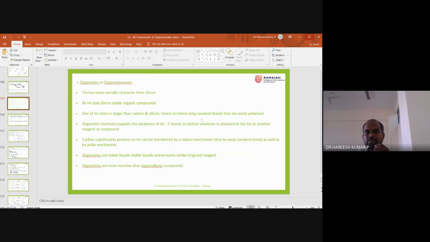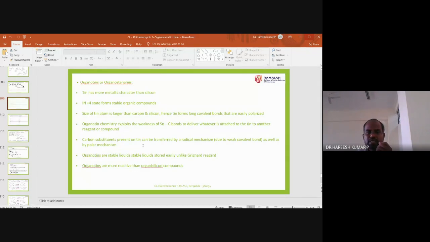Hence, it forms long covalent bonds that are easily polarized. Organotin chemistry exploits the weakness of the stannous carbon bond to deliver whatever is attached to the tin to another reagent or compound.